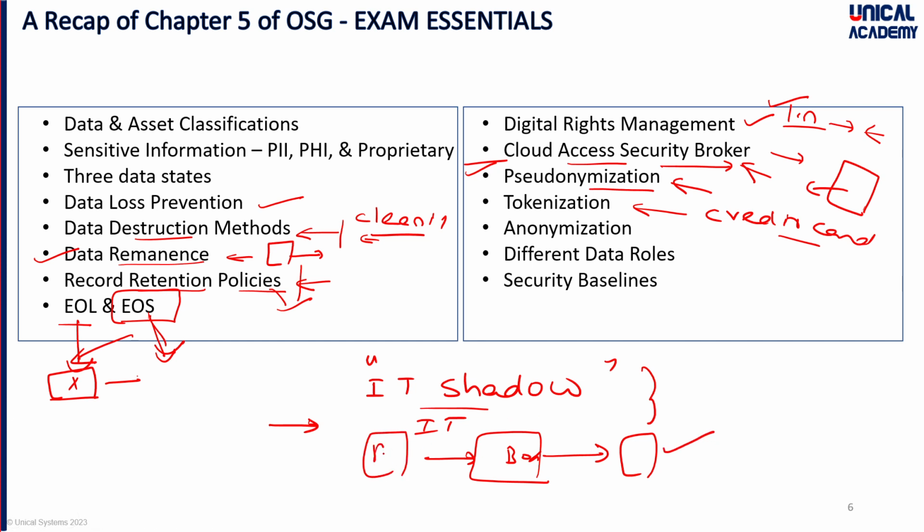So neither the POS or the shop owner, anybody would be retaining the credit card information anywhere else. That's the tokenization. Anonymization, majorly used for research purposes. The research organization requires certain data, majorly population health management or the census data. While collecting that, the anonymization comes into picture.